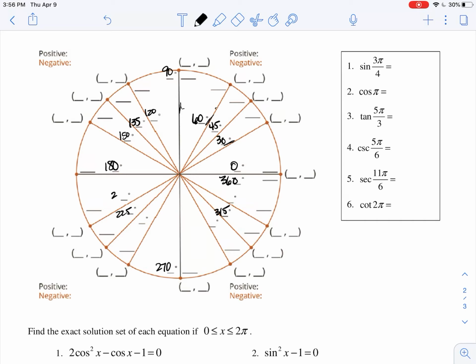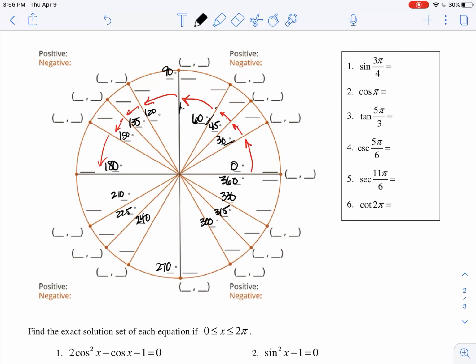So we have 30, 60, 90, 90 and 30 is 120, 150, 180, 210, 240, 270, 300, 330, and there's all the angles.